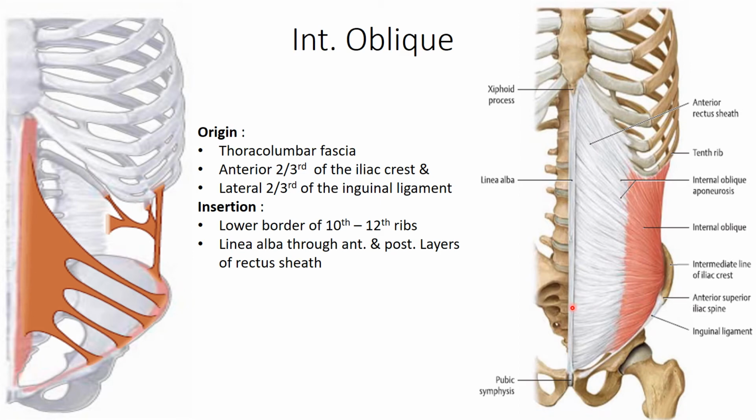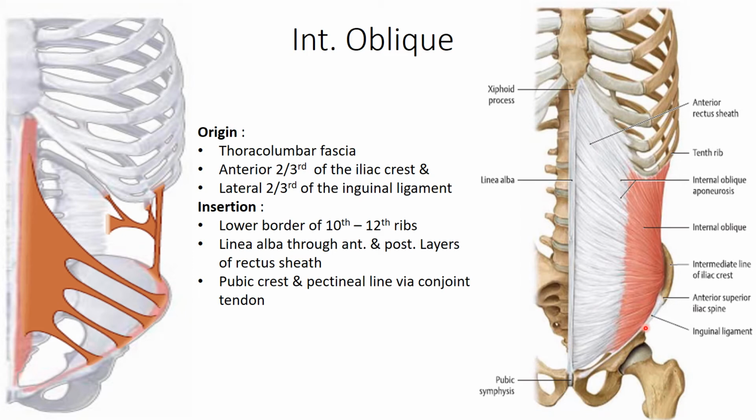Now this arrangement continues up to this arcuate line, which lies midway between the pubic symphysis and umbilicus, and here both these layers pass anterior to the rectus abdominis to be attached to the linea alba.